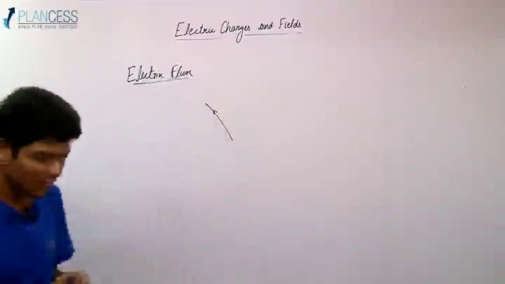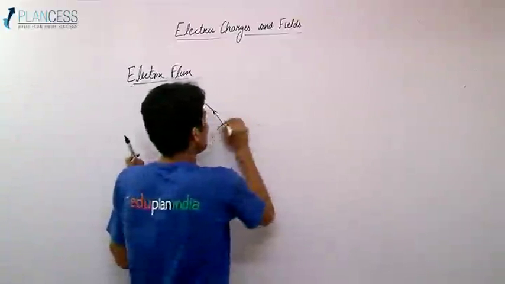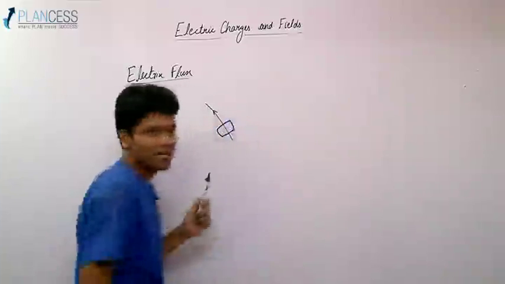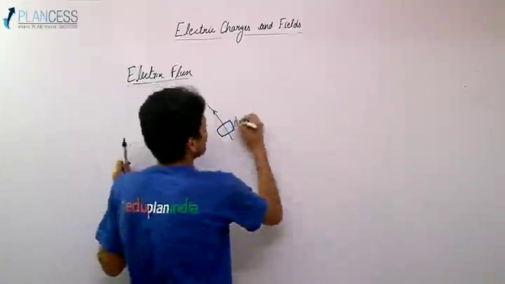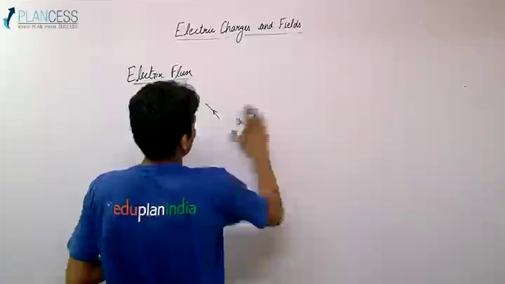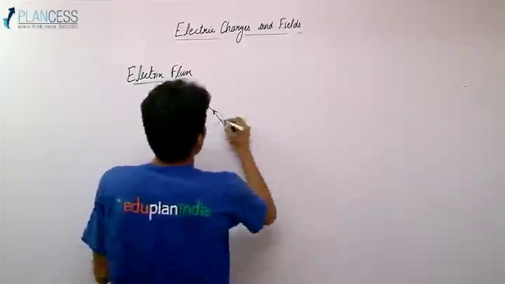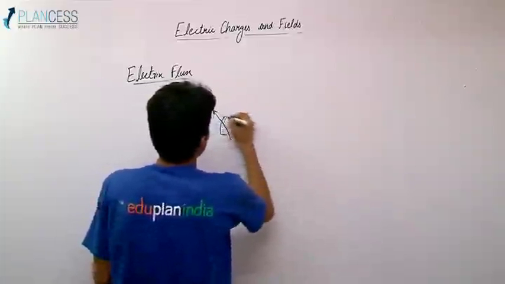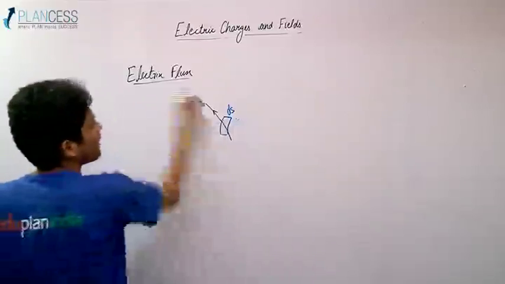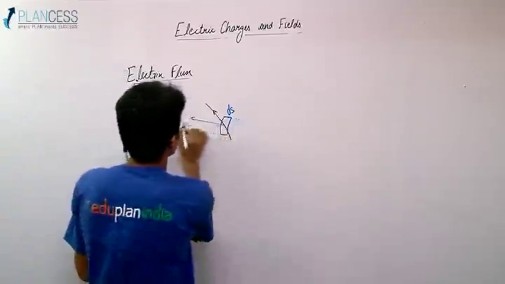Let us consider only one electric line of force. Now, if I draw a small area segment ds, through which this electric line of force passes, this is the direction of the ds.